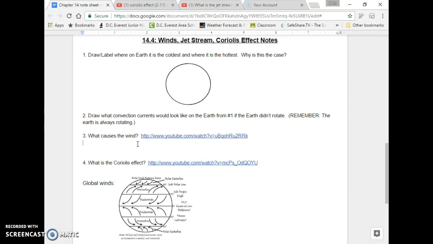So the air is always going to move, just like when you let the air out of a balloon. The air is always going to move from high pressure areas to low pressure areas. So in other words, the wind is always going to blow from areas that are cold to areas that are warmer. Okay, because that's the atmosphere balancing out temperature, and it's balancing out air pressure.